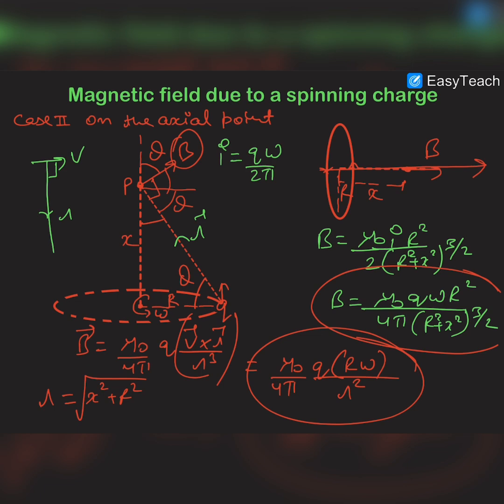So we can conclude that when we are applying this method to find out the magnetic field due to a rotating charge, so when we are applying the method of current carrying loop in this case, then we should always remember that this method would not give the net magnetic field on the axial point which is not the center, but it would give the magnetic field which is along the axis.